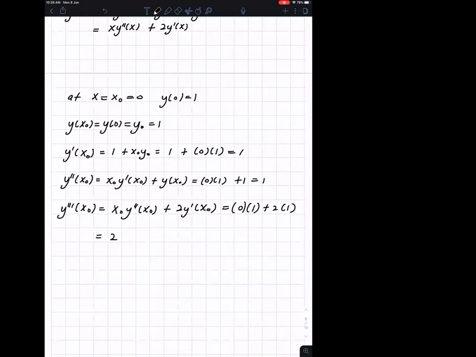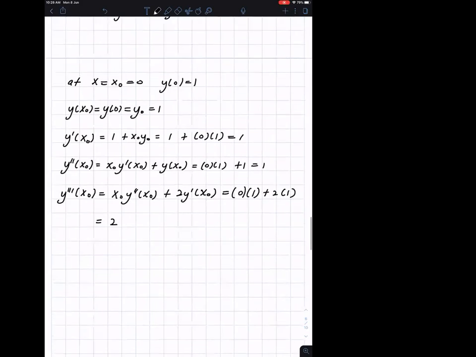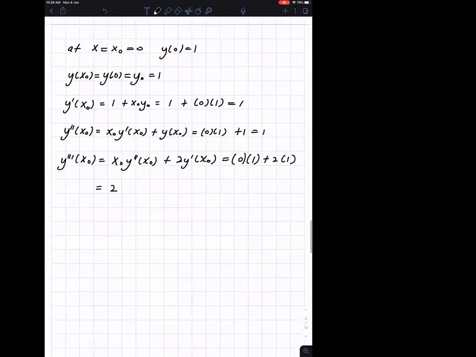So you have evaluated all the derivatives in the function itself with a given point, x equal to 0 and y equals to 1 at that point. Now we're going to substitute them in the Taylor series polynomial.